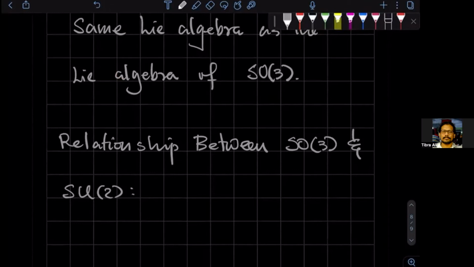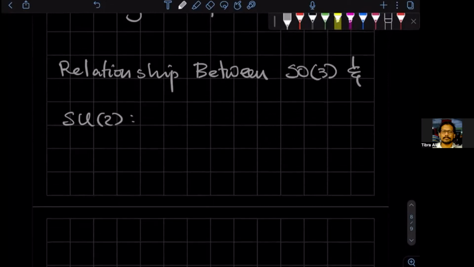So let's make a comment motivated by quantum mechanics. You don't have to understand quantum mechanics to follow what I'm going to do now, but I just want to motivate this by showing why it's relevant in physics.